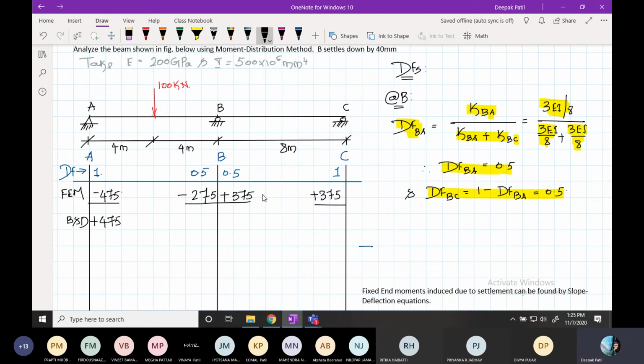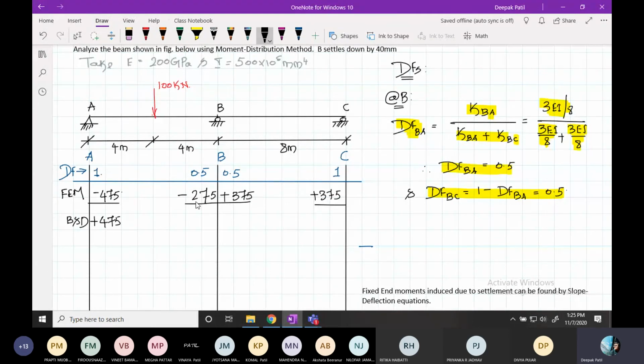Now here in this case, the net moment is minus 275 plus 375. How much are you getting? Can anybody tell me quickly? Yes, the net moment is 100, that is plus 100. To balance that, you should apply minus 100 and distribute that.